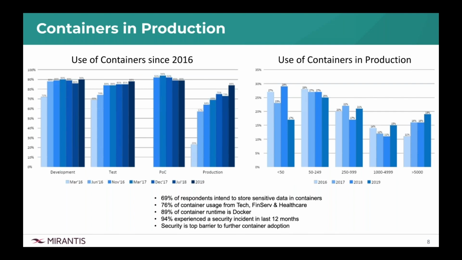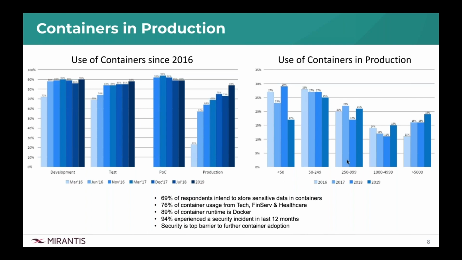Yes, thanks. The container utilization graphs we're showing here are provided by the CNCF. A few interesting things to take away here include, if you look at the left side of the graphs, dev test and POC environments have been pretty consistent in how containers are used.